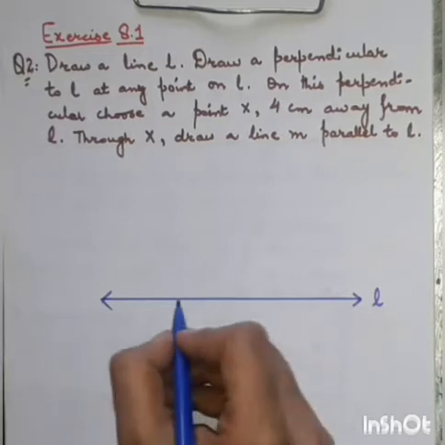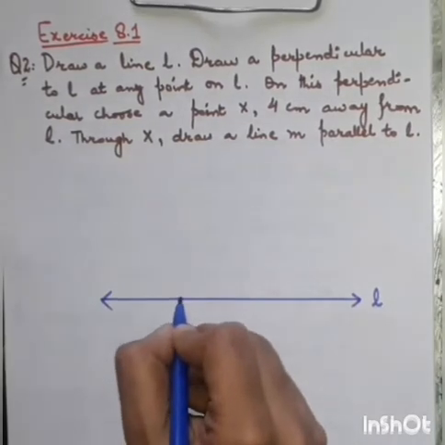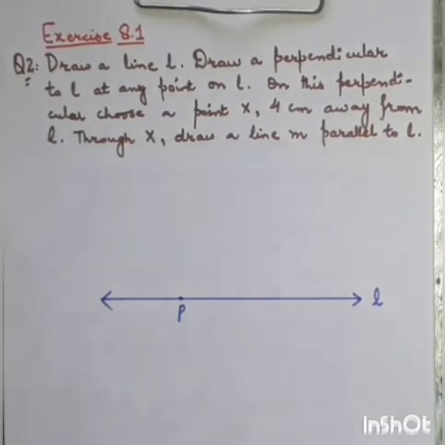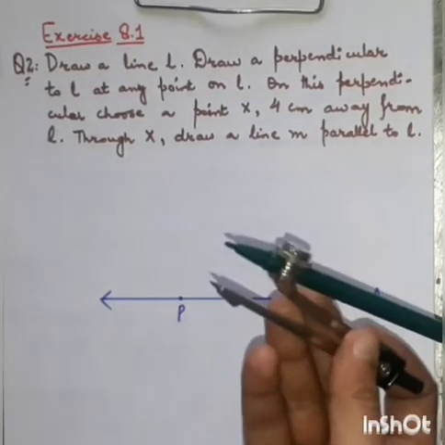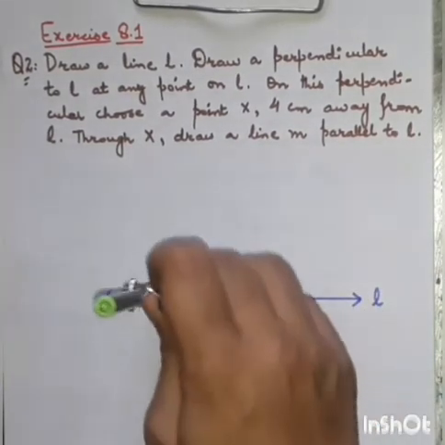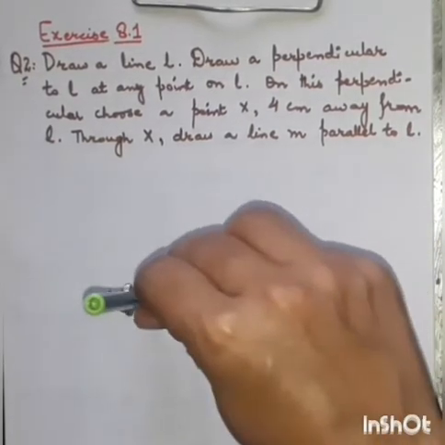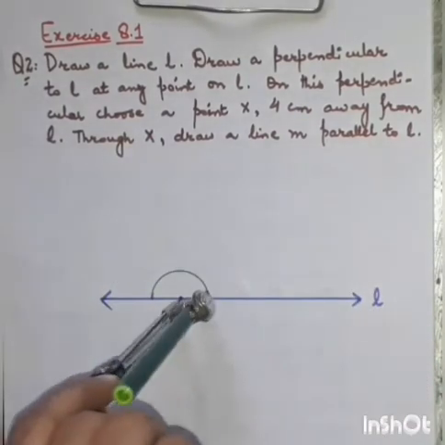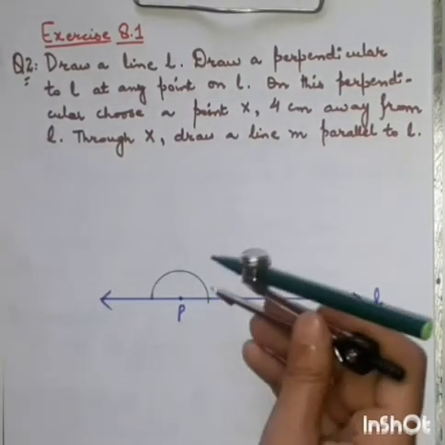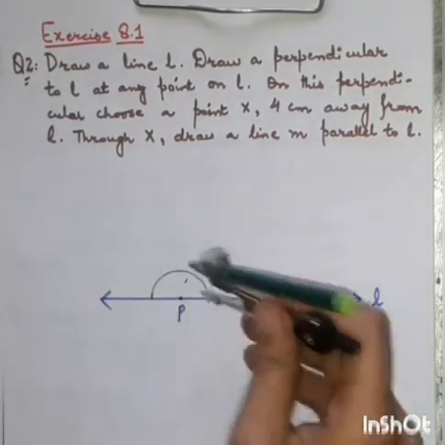First I'll take any point, say suppose this is a point P, and now on this point P I'll draw a perpendicular. So to draw a perpendicular, I'll take this P as a center. Now taking this P as a center and some convenient radius, I'll draw an arc. Now with this as center, I'll draw another arc here.